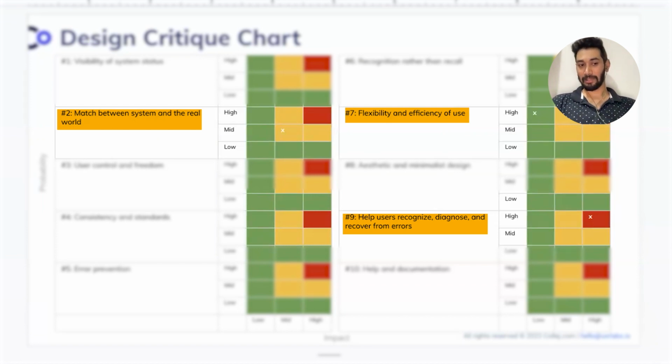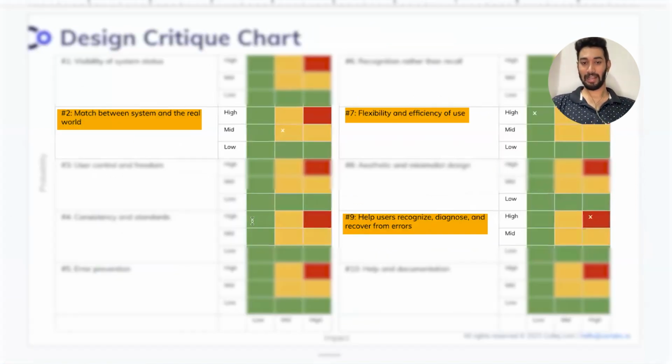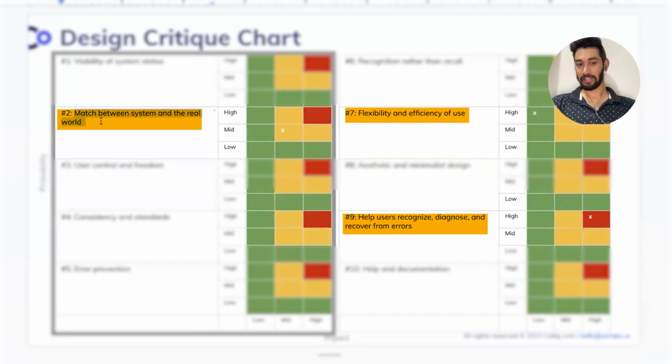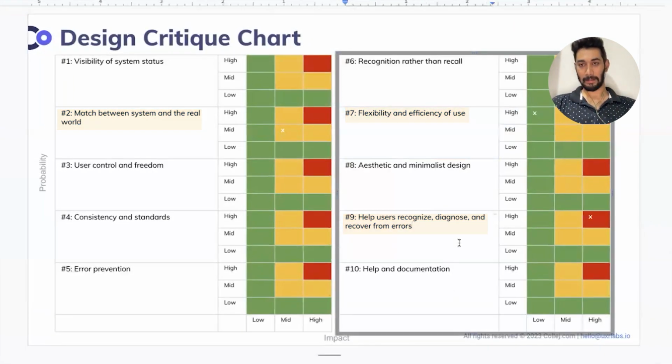Match between system and real world goes against a lot of users' expectations as they journey through the application, and we put it at medium probability and medium impact. So the priority would be to fix help users first, followed by flexibility, and then third match between system and real world.